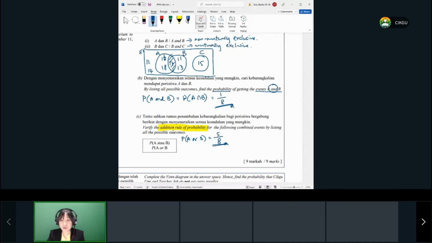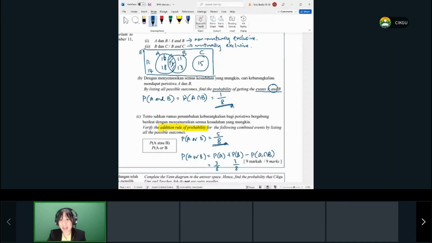But because they ask you to verify the addition rule, the addition rule says probability of A or B equals probability of A plus probability of B minus the probability of A and B. So then only we do it one by one. What is the probability of A? 3 out of 8. Probability of B also 3 out of 8.